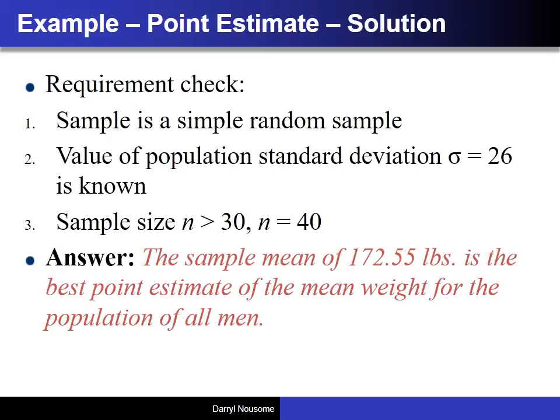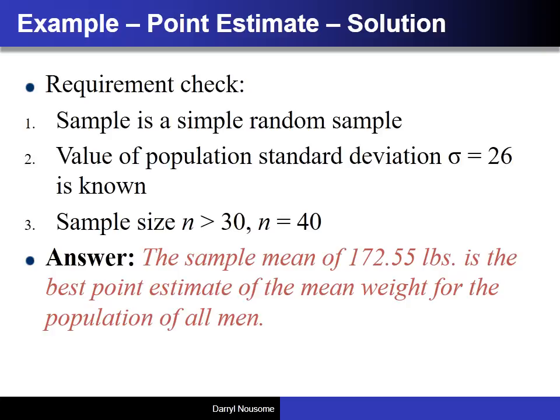Okay, so are our requirements satisfied? Remember, these are assumptions that we have to satisfy. Is it a simple random sample? Check. Is the value of the population standard deviation known, 26? Check. Our sample size is 40, so it's greater than 30, so we can assume it's probably normally distributed. You're already given a lot of these values.